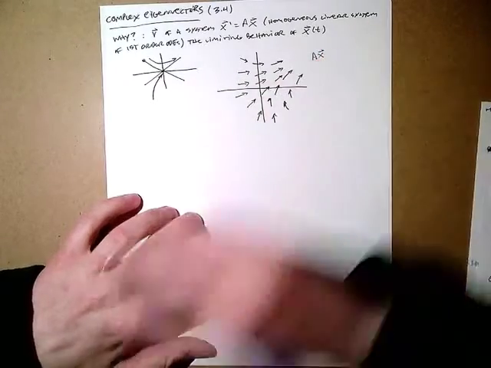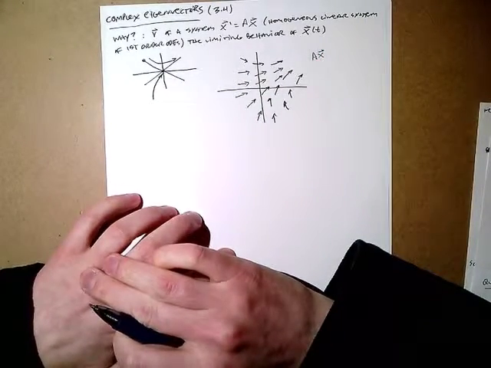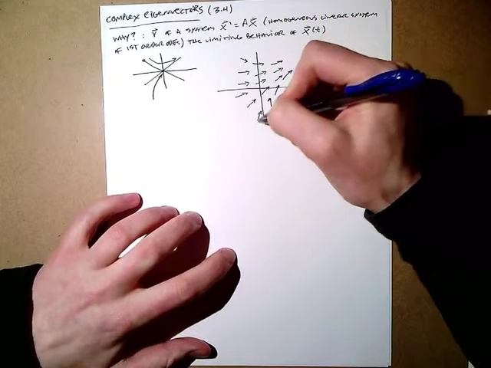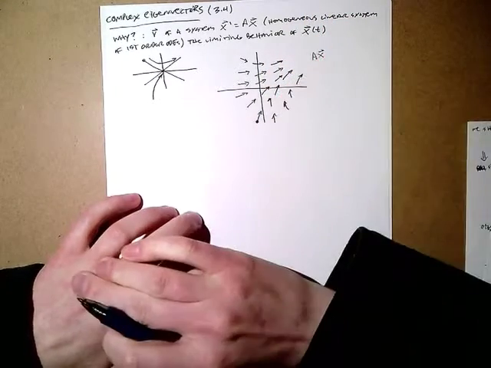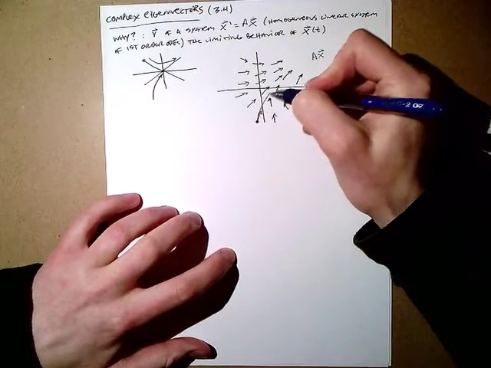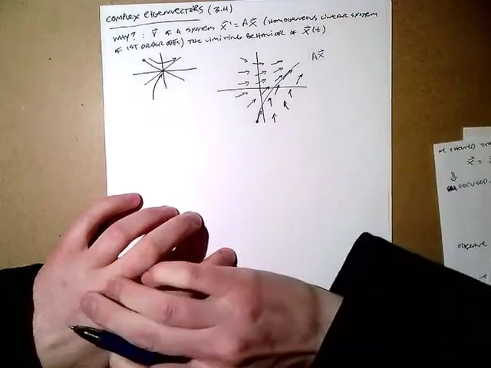So suppose we have a vector field that looks like this, and also suppose we have some initial condition out here, say right at that point. And we know that our trajectories will look something like this as we go through our field.